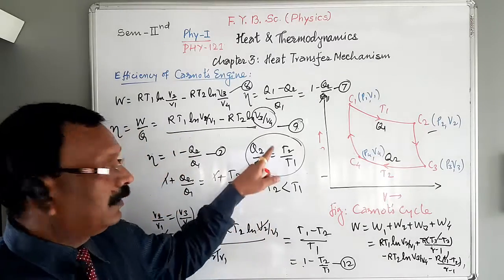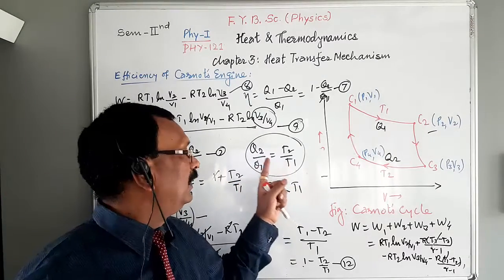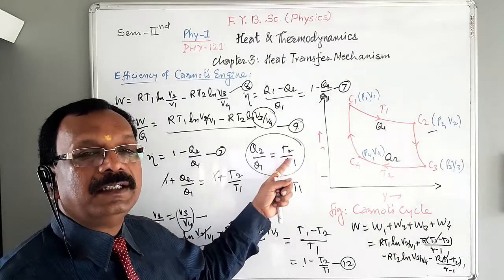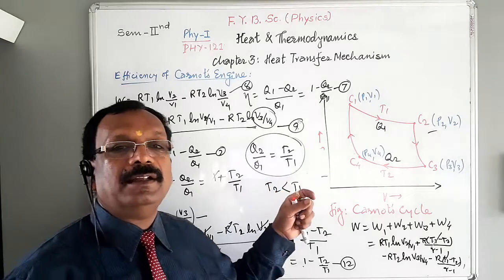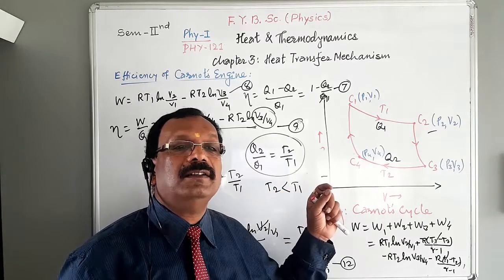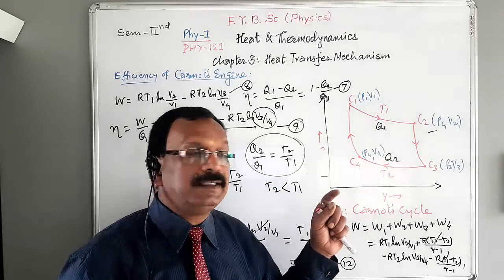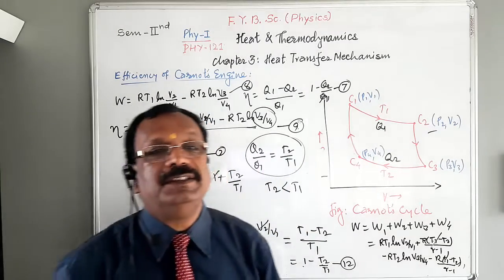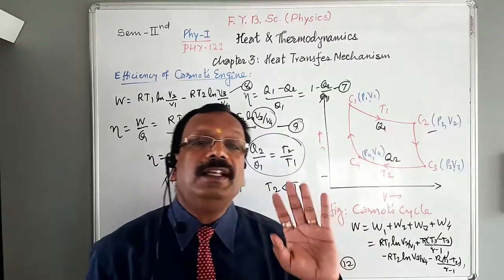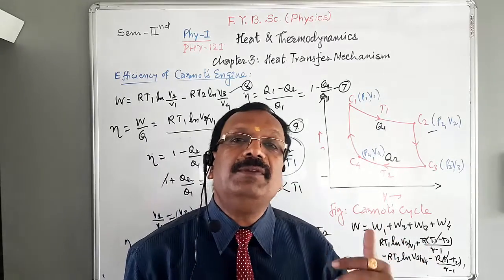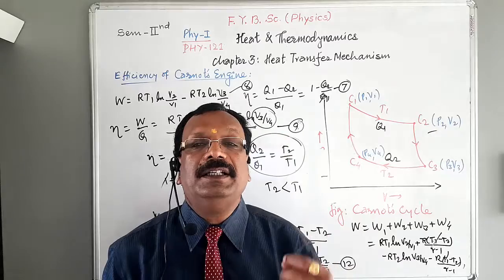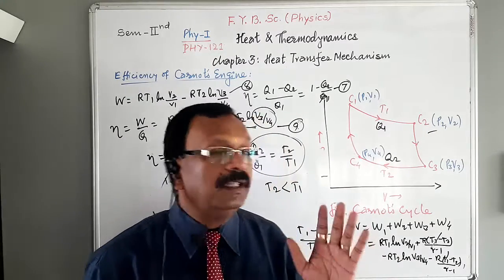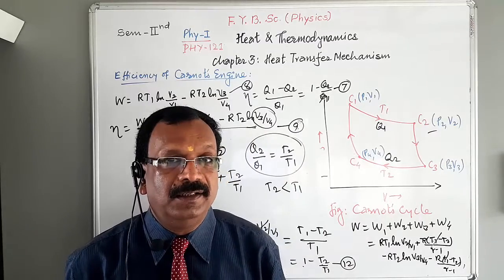One, the efficiency of Carnot's engine depends on the temperature of sink and source and not on the nature of the working substance. From this equation it is found that the efficiency of Carnot's engine depends only upon the temperature of source T1 and temperature of the sink T2, and does not depend upon the nature of working substance.